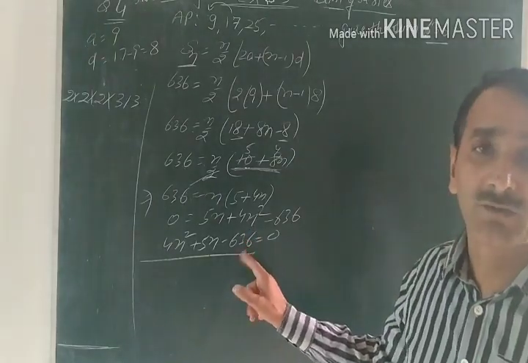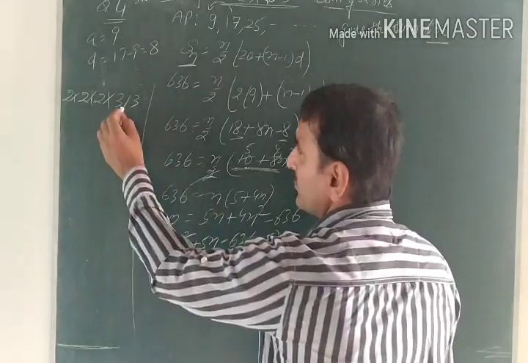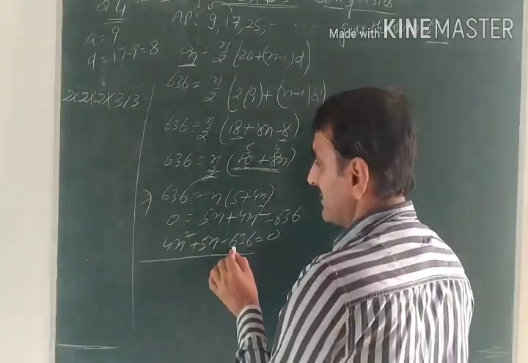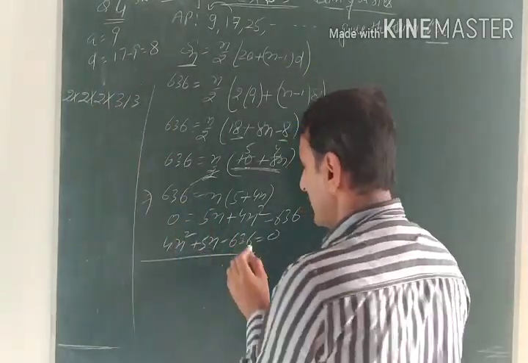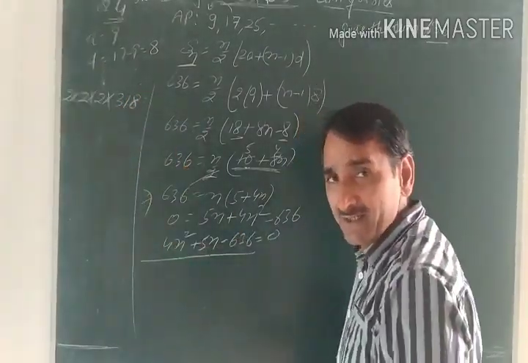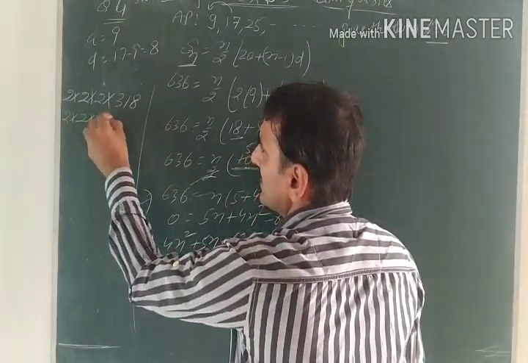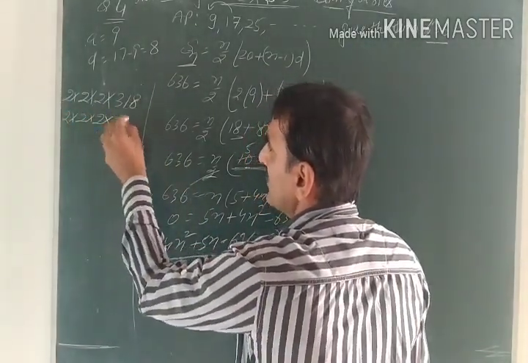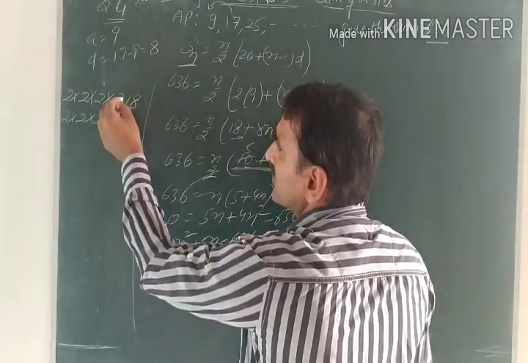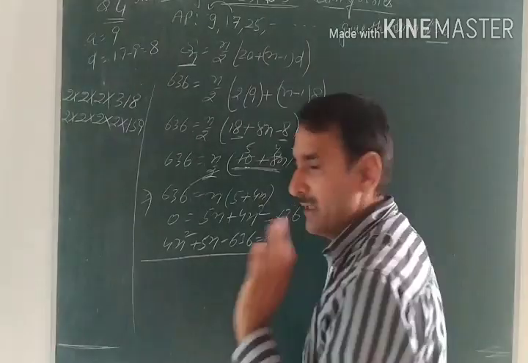So sir, this one is wrong. Now when we divide it by 2, 2 threes are 6, 2 ones are 2, and 2 eights are 16. Correct? Yes. Again multiply by 2, and we get 2 ones are 2, 2 fives are 10, and 2 nines are 18.